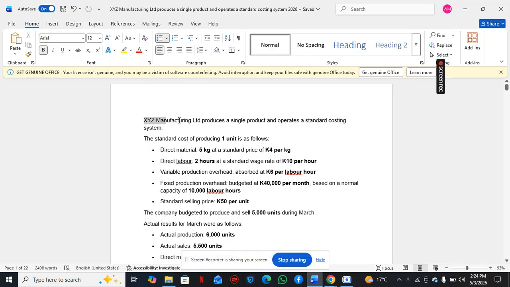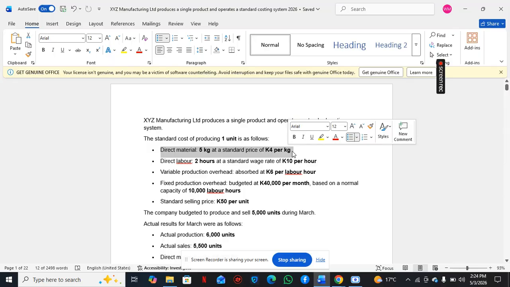It says XYZ Manufacturing Limited produces a single product and operates a standard costing system. So the standard cost of producing one unit, with the information here: direct material 5 kg, at a standard price of 4 kwacha per kg.